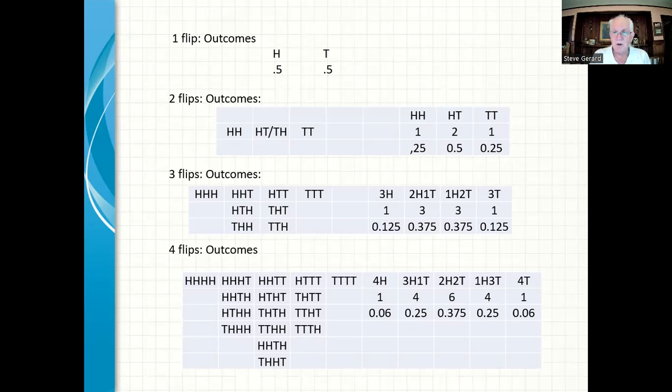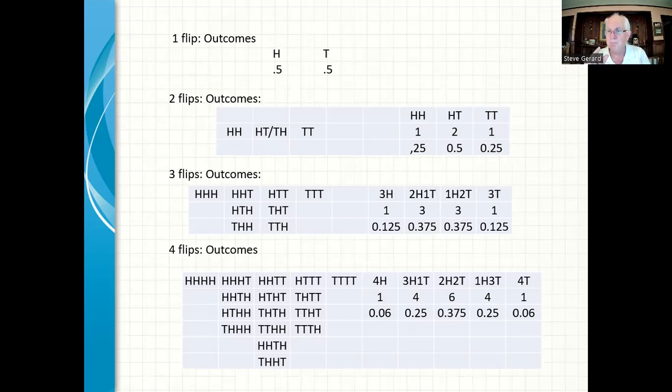In those cases, we're talking about cumulative probabilities, as opposed to what I will call in this course a point probability. What's the probability of getting exactly one head with 4 flips of the coin? Well, that category is 1H3T, and the probability of that is 0.25.